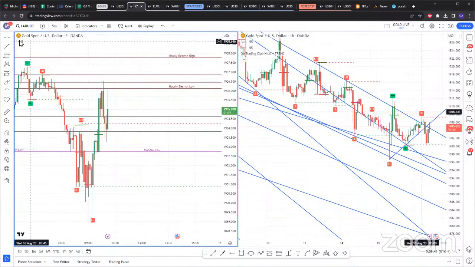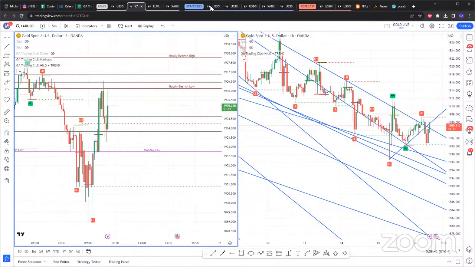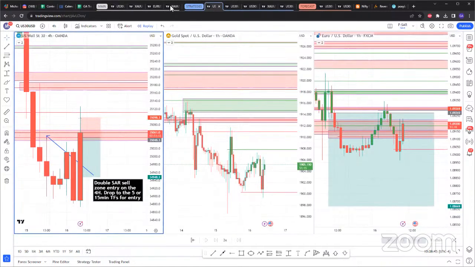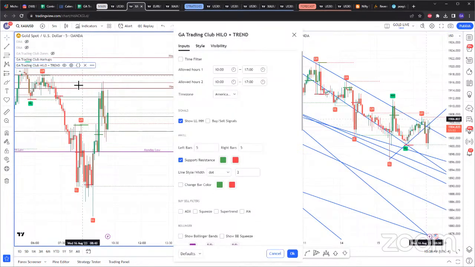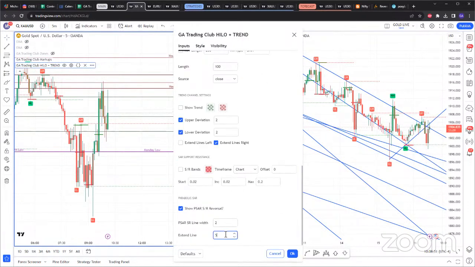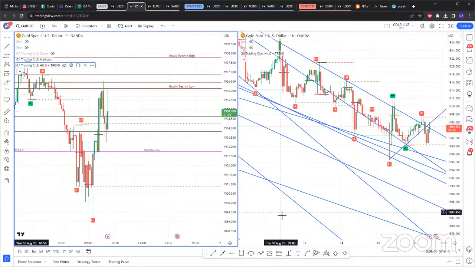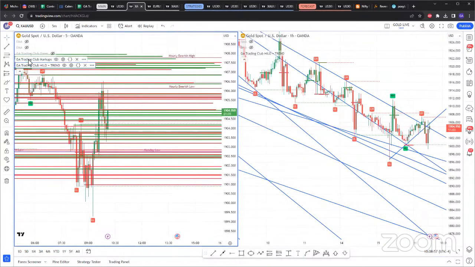Gold, I don't see anything. Personally, on the 1 hour and 4 hour, I don't have anything for gold. On the 15-minute and 5-minute, let's see. So this is what I meant by extending, right?